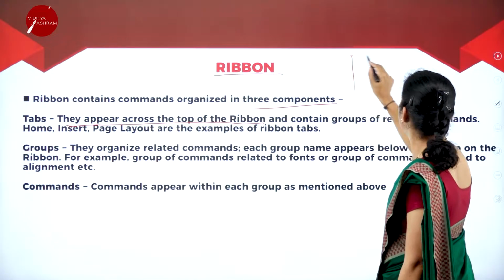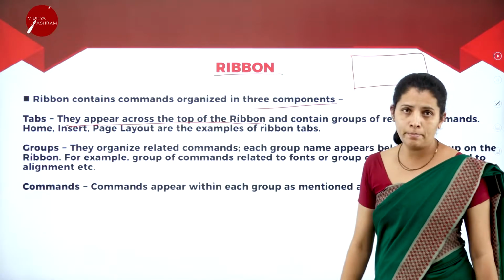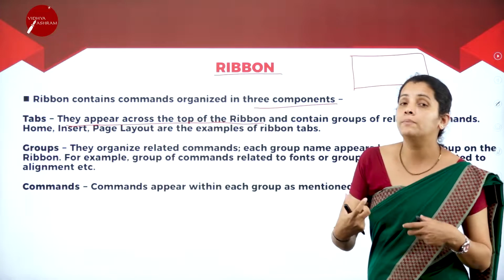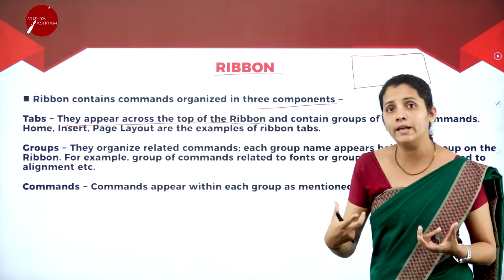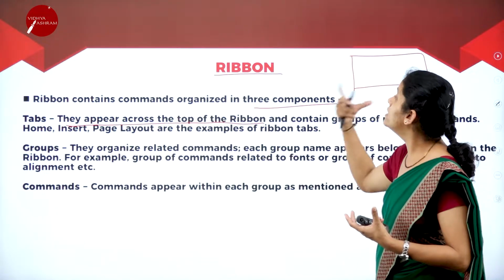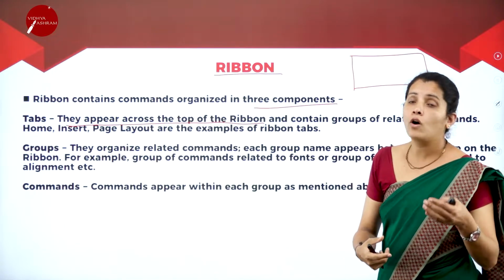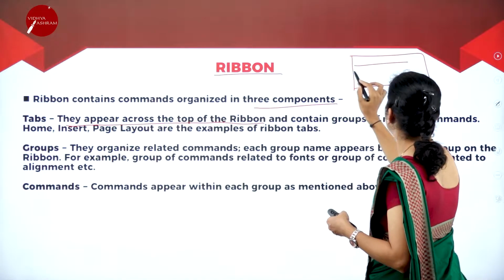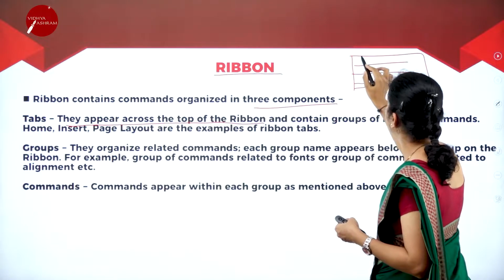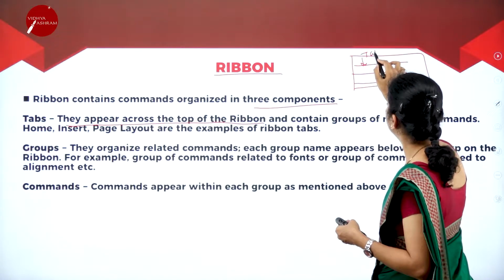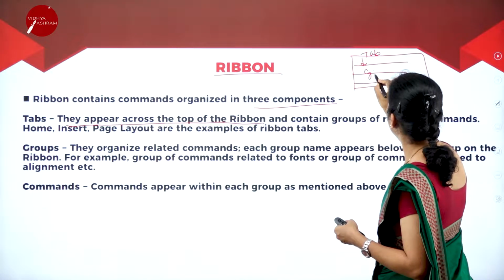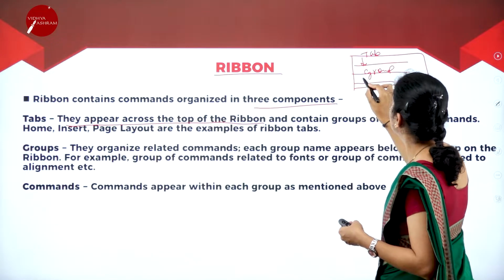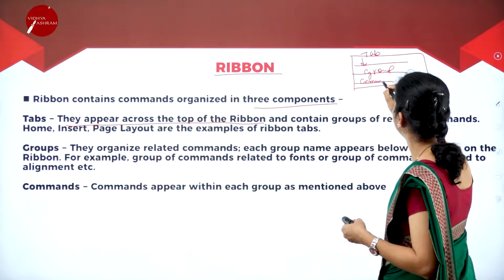Think that here you're going to have the ribbon. Here the ribbon is nothing but a group of commands placed together. All the commands are organized in 3 different components. At the beginning I'm going to have the tab, then the group, then the commands.